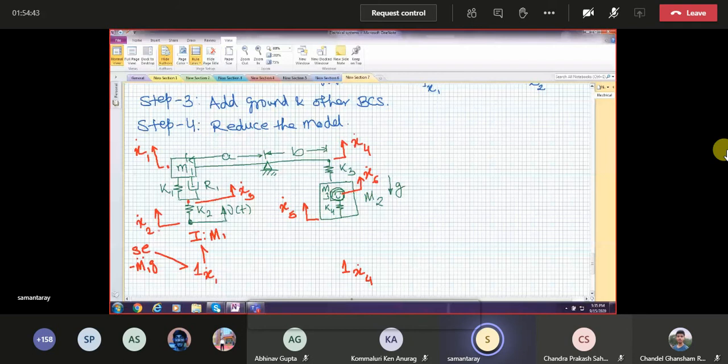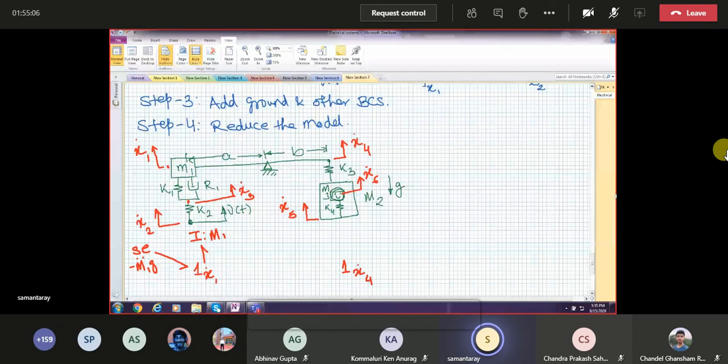So tension is positive. If you take x2 dot minus x3 dot and the value turns out to be positive, that means compression on the spring is positive. So it's all the same thing, only the way you interpret the results. So I will take x2 dot minus x3 dot.